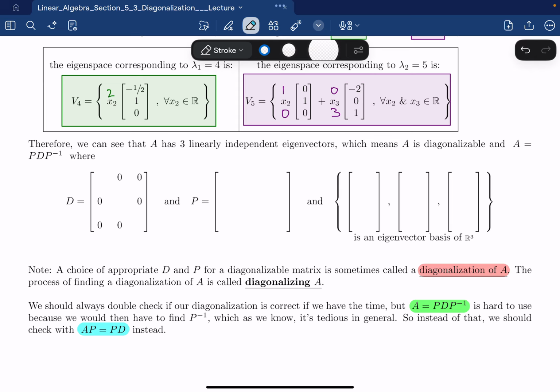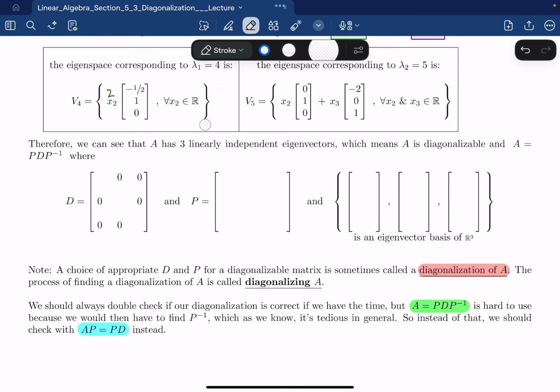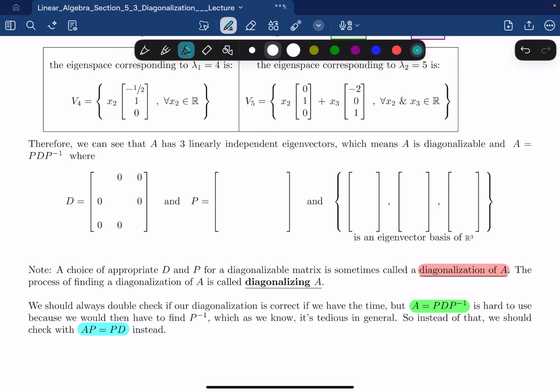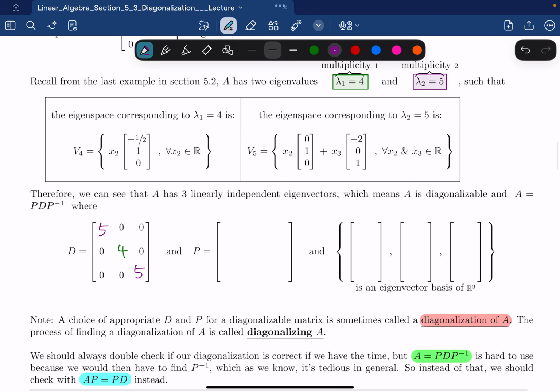And actually, I'm going to erase these as well. Okay, and for example, I want to pick 5, 4, 5, just for the sake of it. Then the rule is exactly the same as before. The 5 should come from the eigenspace corresponding to lambda 2 equals 5, and I can make up my choice here.